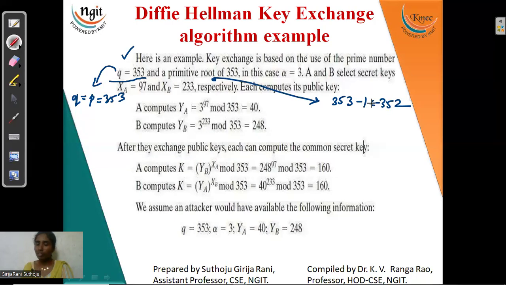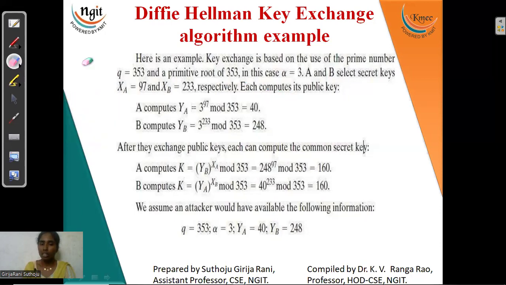Out of 352, I may have n number of factors, right? After taking all the factors, the least primitive root is 3. So if I go with 3 to the power, mod 353, my output will be 1. Wherever I get my output as 1, I should consider only that as my primitive root. Got this? So alpha will be 3 here.